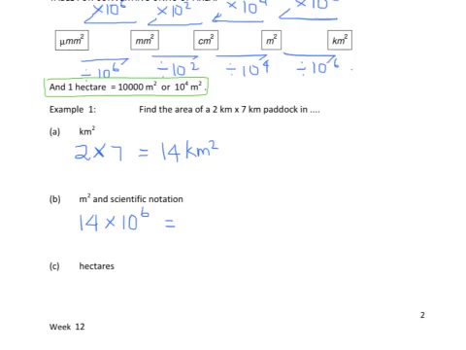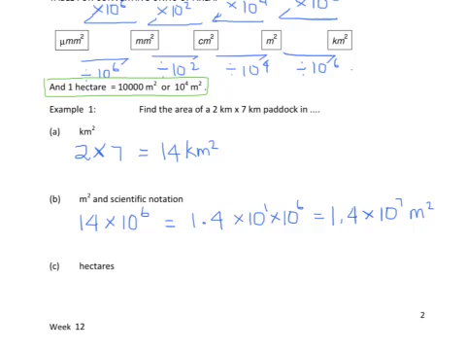Here we've got 2. So we'll have to write the 14 as 1.4 multiplied by 10. Don't forget multiplied by 10 to the 6. Now 10 you can think of as 10 to the power 1 multiplied by 10 to the power 6 using our first index law becomes 1.4 add the powers, so 1.4 multiplied by 10 to the power 7 metres squared.